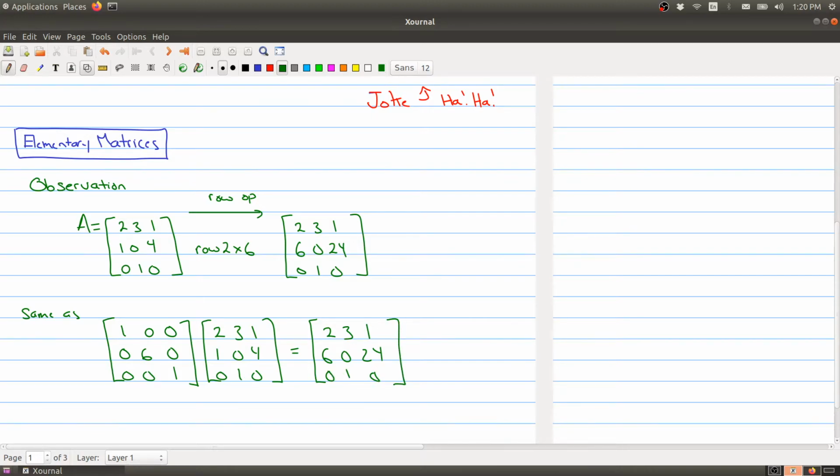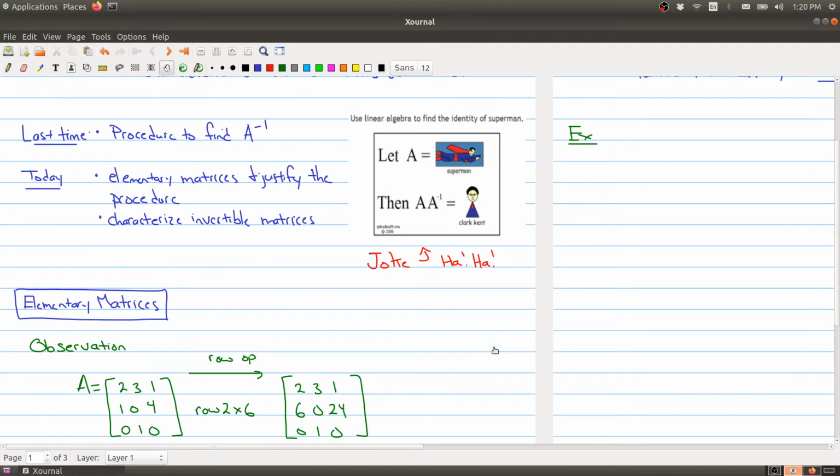So the row operation we performed on the matrix is being captured in this matrix over here. In fact, if we ignored matrix A and put the identity matrix and then applied the row operation multiply row 2 by 6, this is the matrix that we would get.